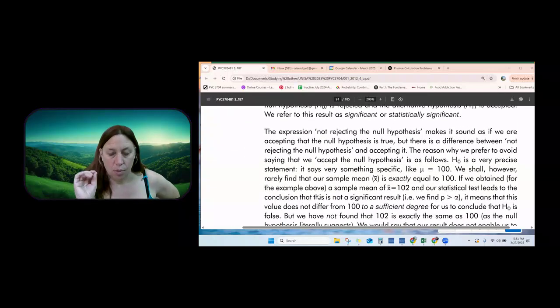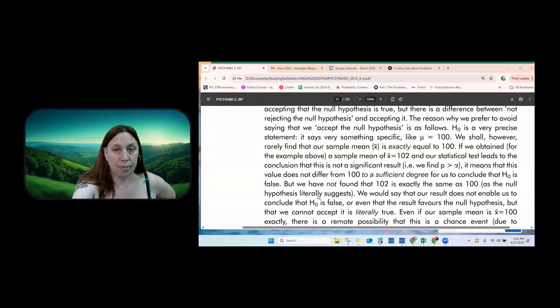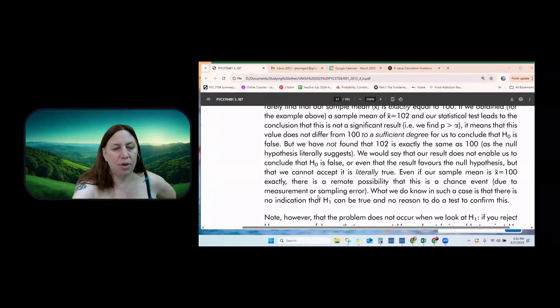Now, when we speak about the null hypothesis, we always say either rejecting the null hypothesis, which means that our alternative hypothesis can be taken as accepted and as supported by the research, or not rejected, meaning we can't rule out chance or an error as being the cause of our results. Okay. But even if we got exactly the result we expected, we can't completely rule out chance.